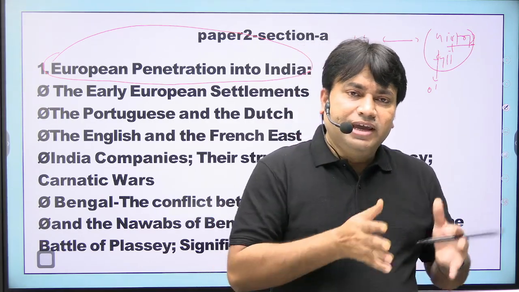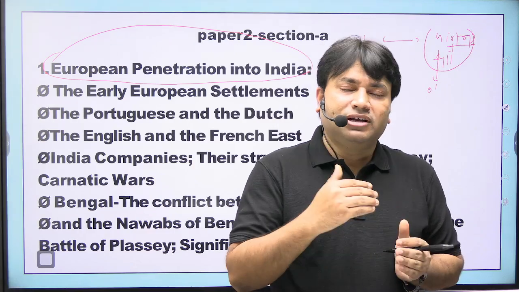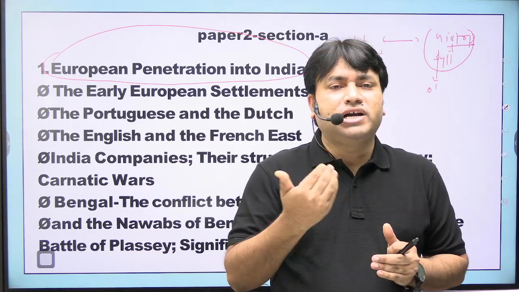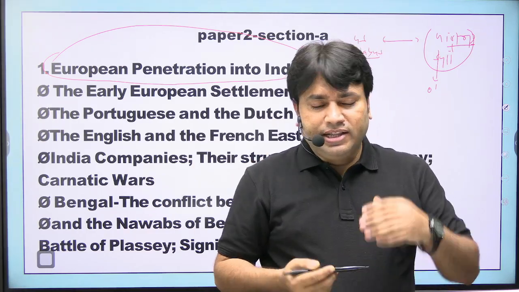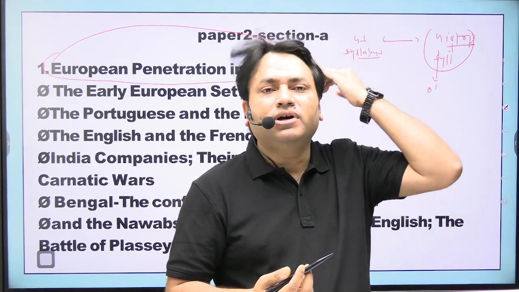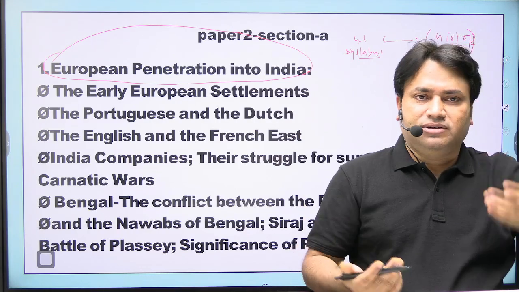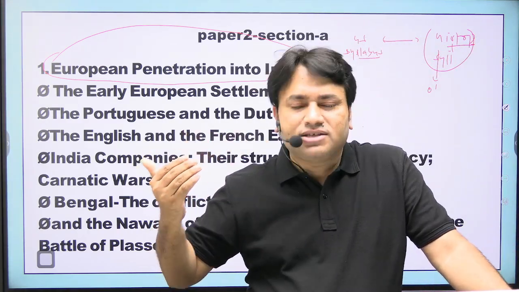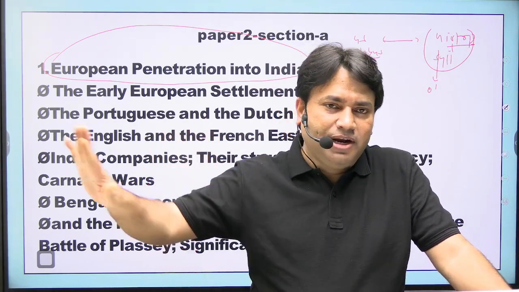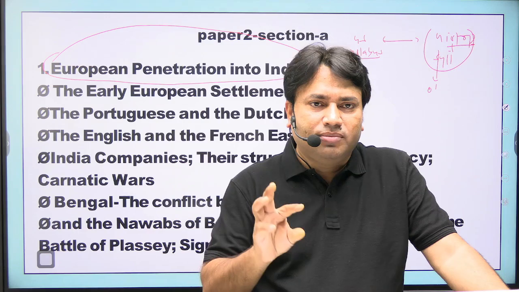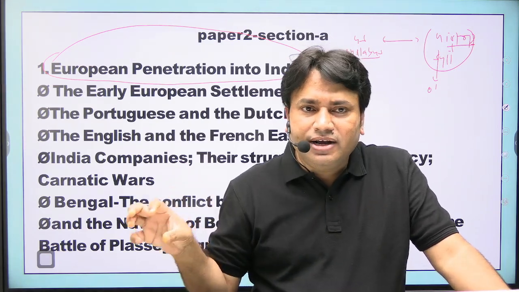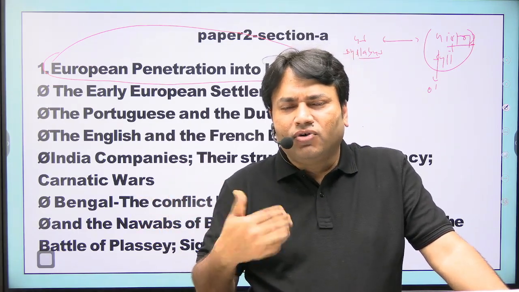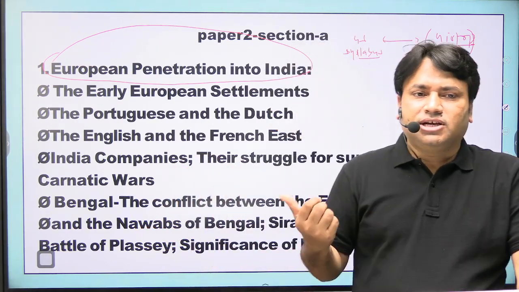Now, in the mains paper, we don't require those hundreds of facts that we read during our GS preparation. So we don't need to revise a lot of facts here. Eliminate all those facts. You have to remember only the most important developments. What are the most important developments in this chapter?